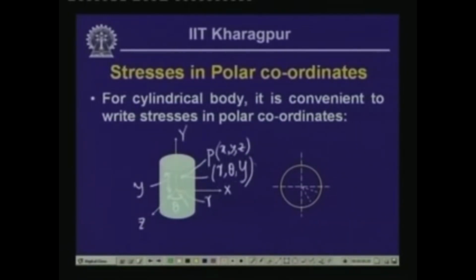This is with reference to the Cartesian system x, y and z, and this is with reference to the polar coordinate system, which is r, theta and y.